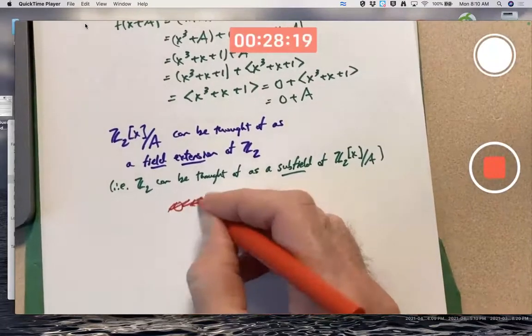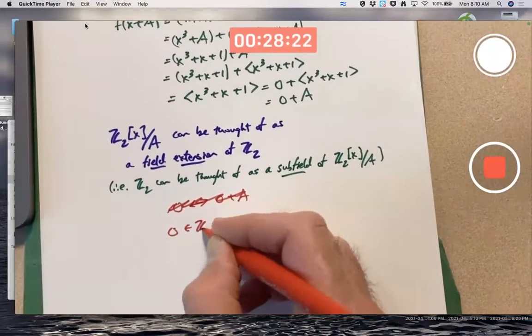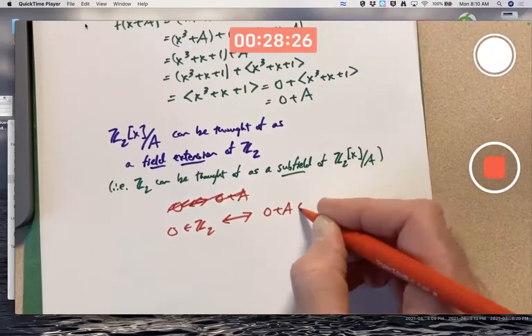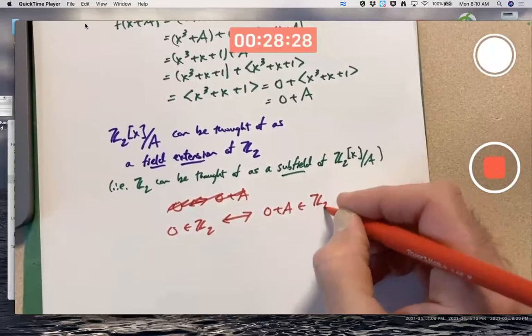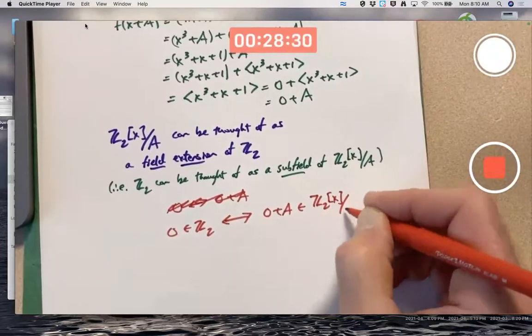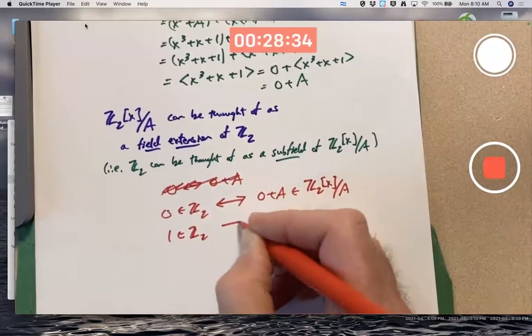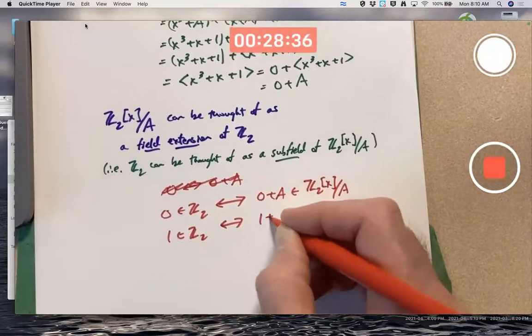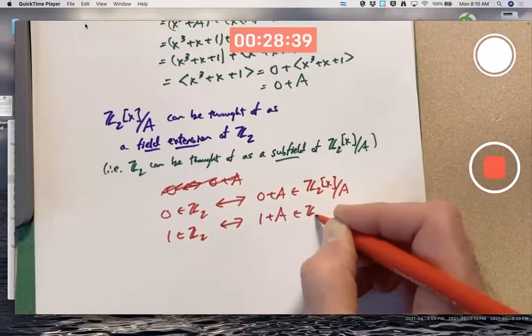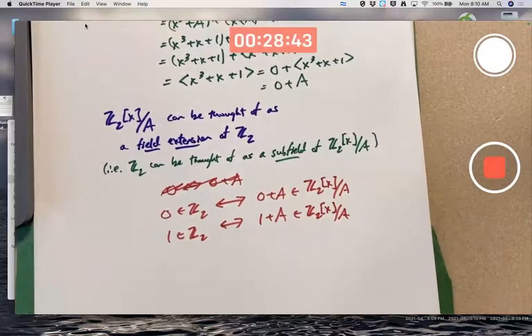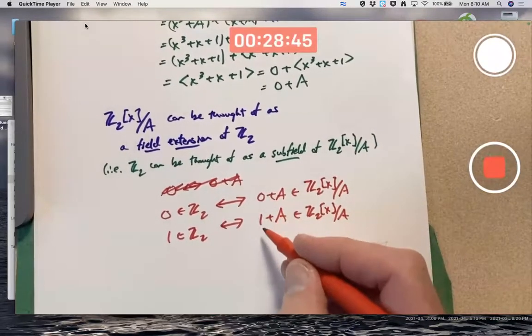Well, let me redraw that. 0 in Z2, think of it as being identified with 0 plus a in this factor ring, which is a field. And 1 in Z2 can be identified with 1 plus a. Where the 0 and the 1 here and here really are constant polynomials.